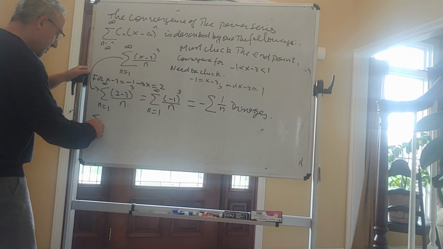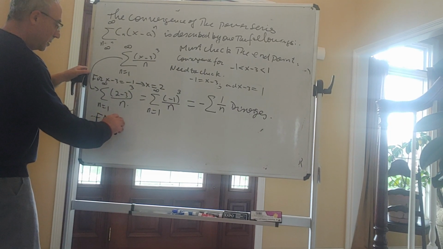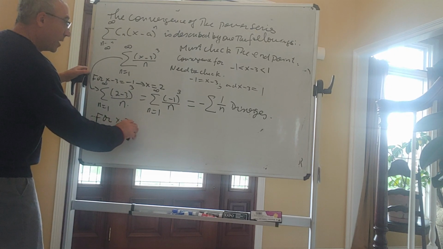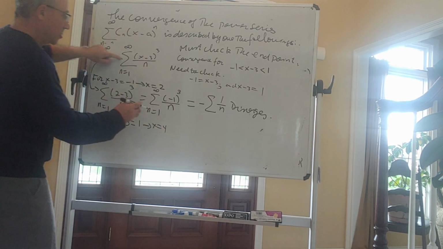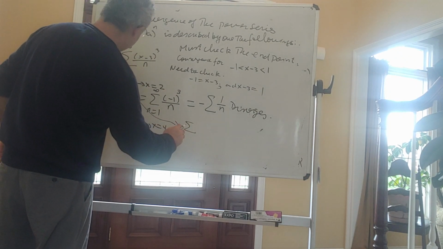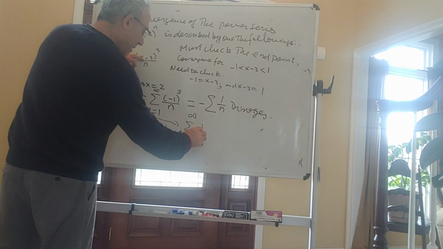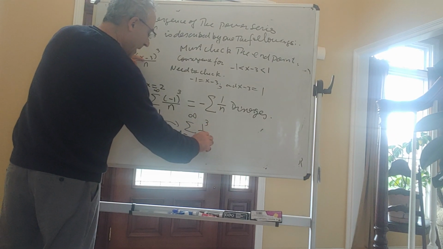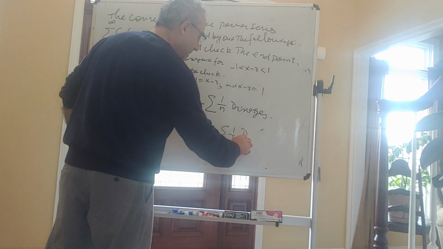And now for x minus 3 equal to 1, meaning x equal to 4, this becomes the sum from n equals 1 to infinity, put in 4, you'll have 1^n over n. This is 1 over n, so that diverges again.